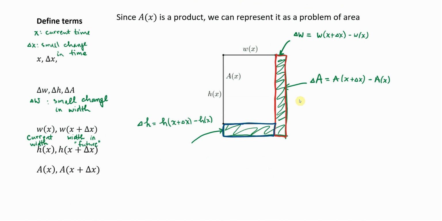So the backwards L, the green region, is really equal to just the red rectangle plus the blue rectangle.